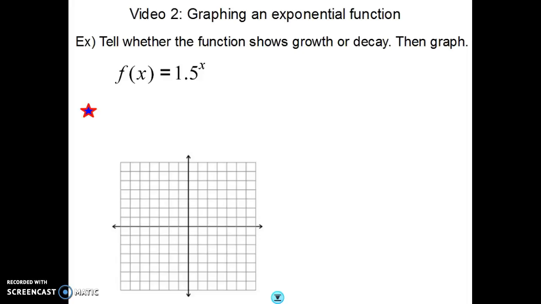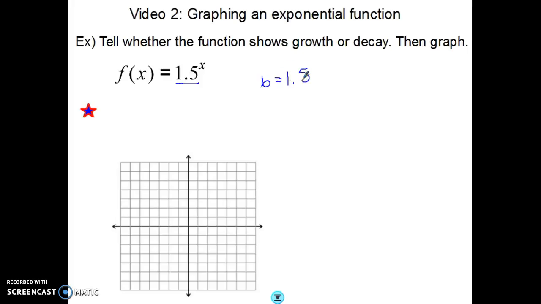Now, before we can identify whether a graph shows exponential growth or decay, we have to identify what a and b are. In this problem, we can see that 1.5 is what our exponent x is attached to. That means that b equals 1.5 in this case.